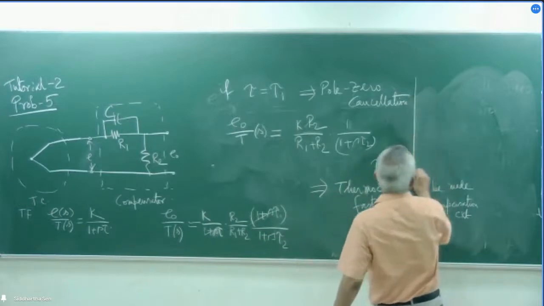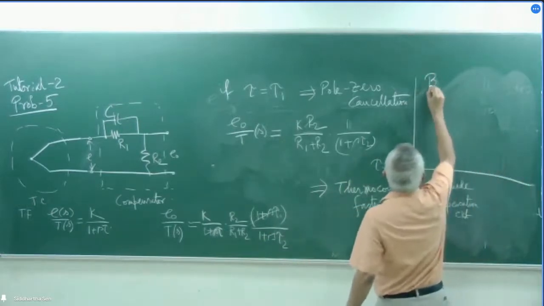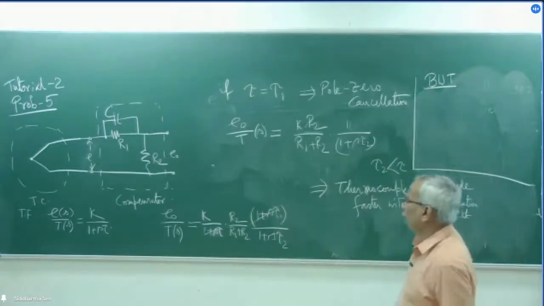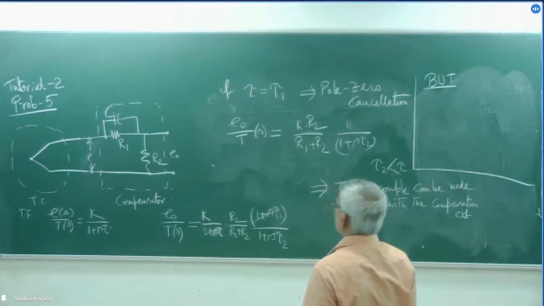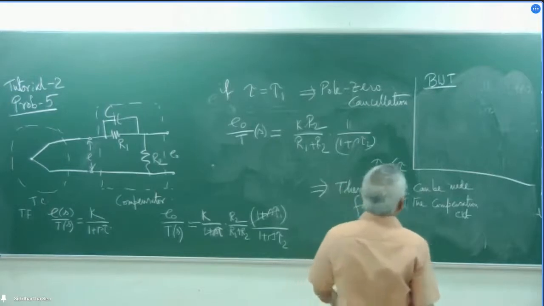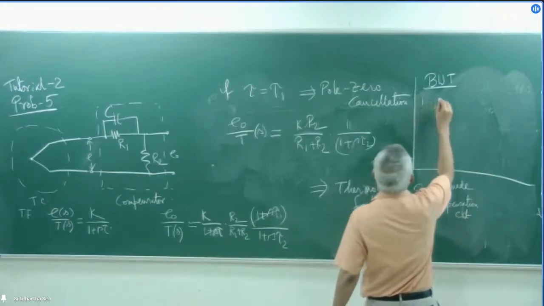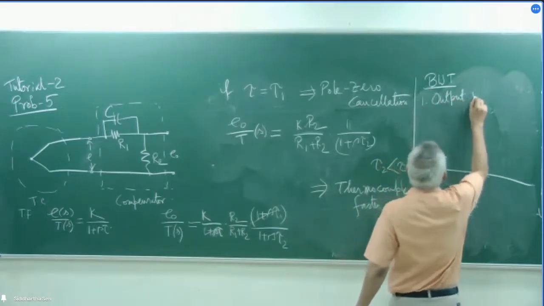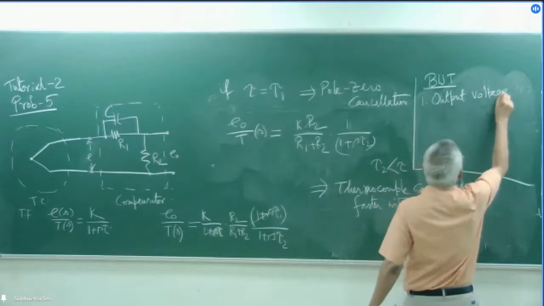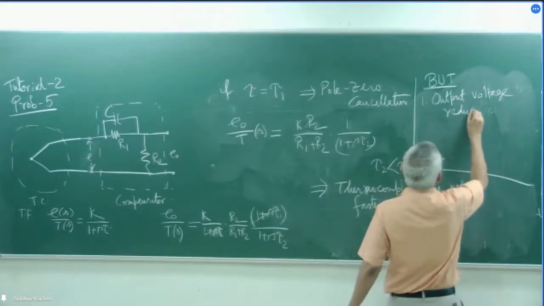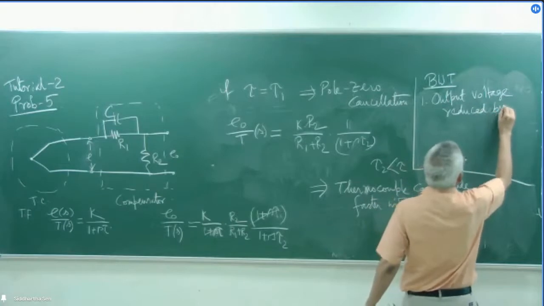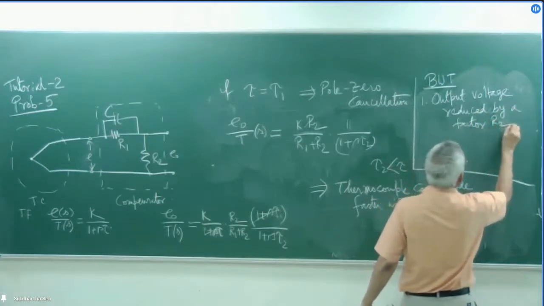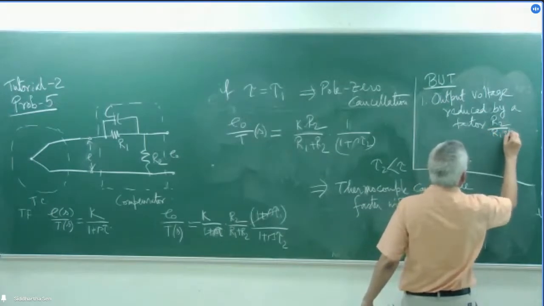But there are certain points which we should be concerned about. Definitely, number one is that the output voltage is reduced by a factor R2 divided by R1 plus R2.